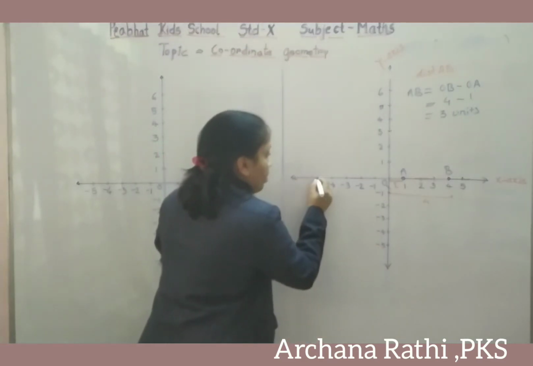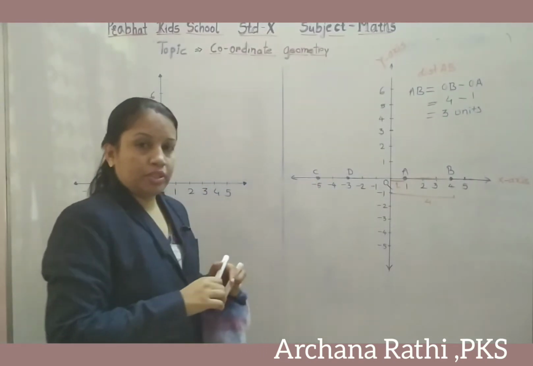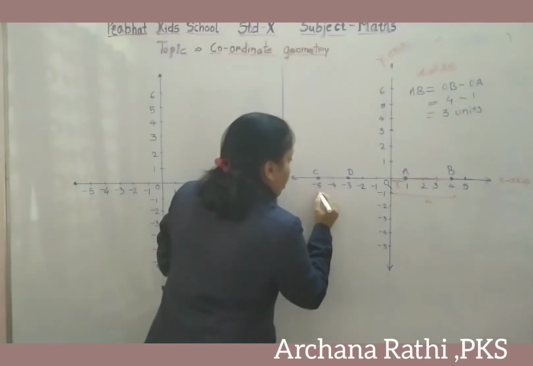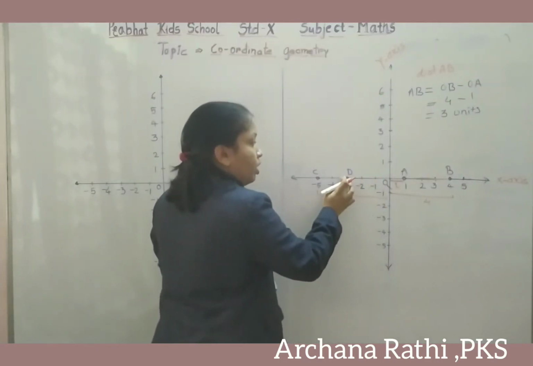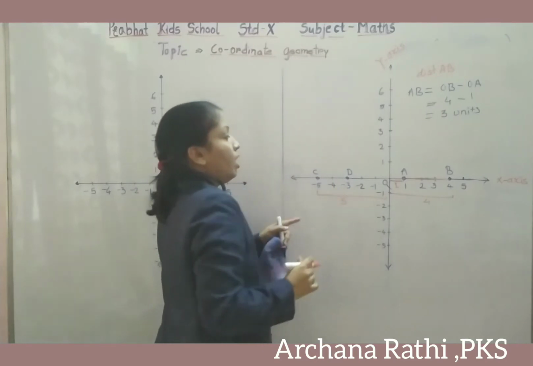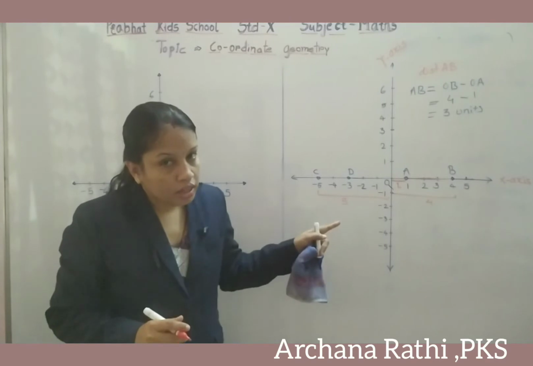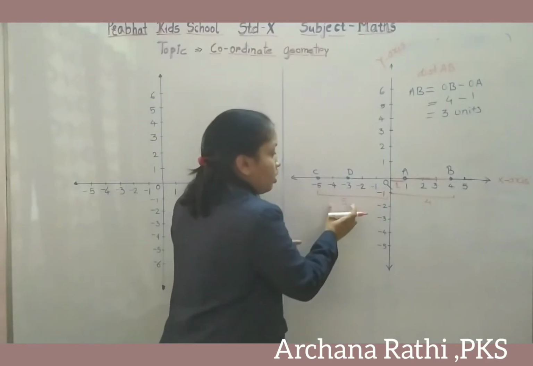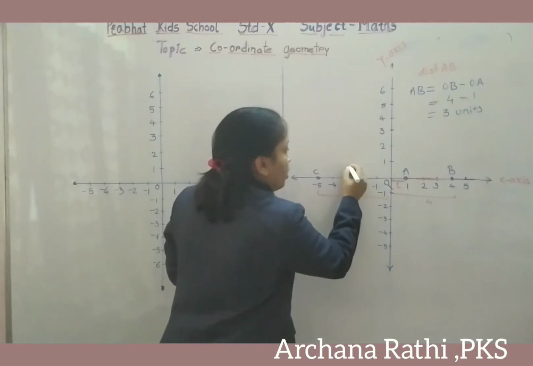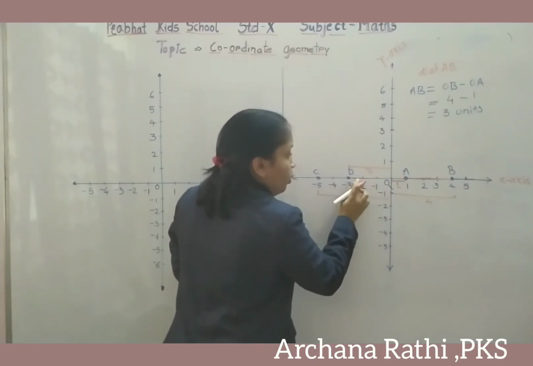If here is one point C and here is point D, find the distance between C and D. Now OC distance is 1, 2, 3, 4, 5. Why 5 units? Though it is negative, you know that distance can never be negative. Therefore you have to take only the magnitude of that. This is only 5. And what is the distance OD? This much distance is 3. 1, 2, 3.